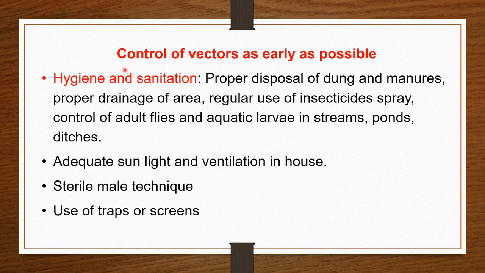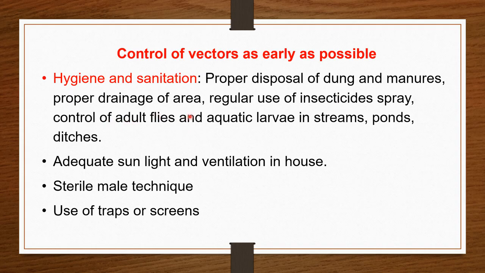The second part is control of vectors as early as possible, because the vectors spread the disease very fast. An important step is hygiene and sanitation in the area and on the farm. Proper disposal of dung and manure, because these are breeding places of the vectors.